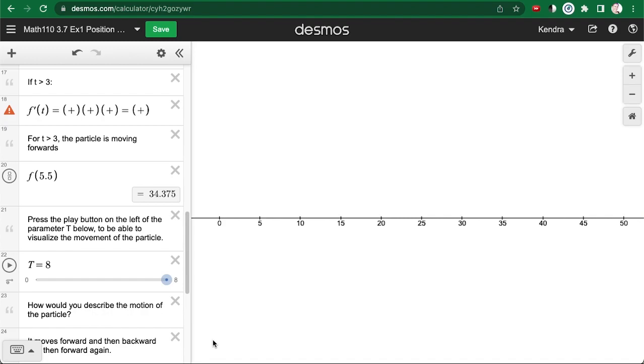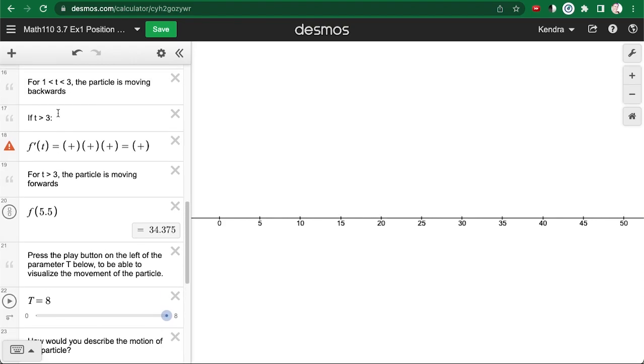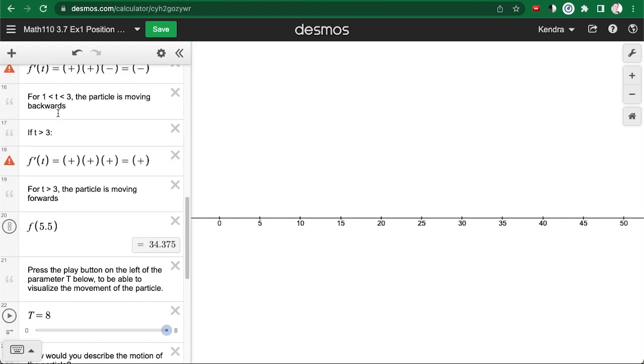Is it ever going to come back to where we can see it again? And this actually answers it for us: since the derivative is positive for all t greater than 3, it's never going to turn around and move backwards again. It's always moving forward. So we're never going to see it again, at least not in this viewing window. We'd have to zoom out in order to be able to see it again.